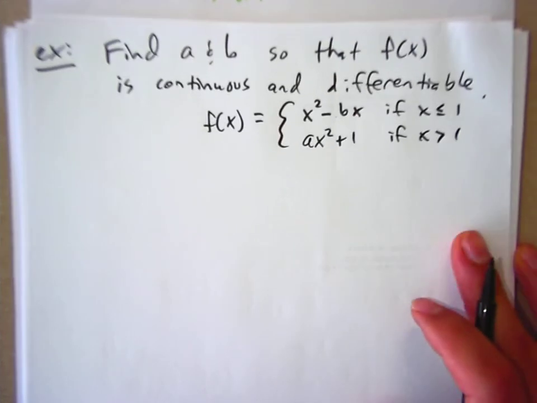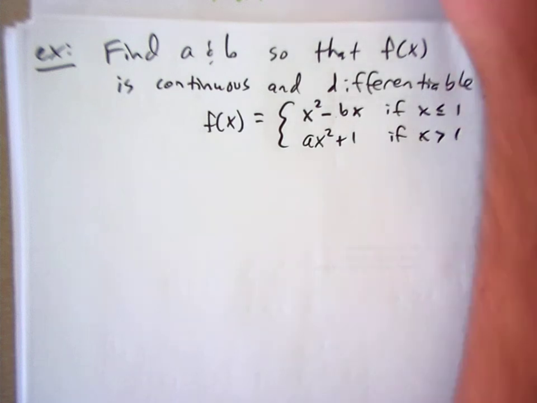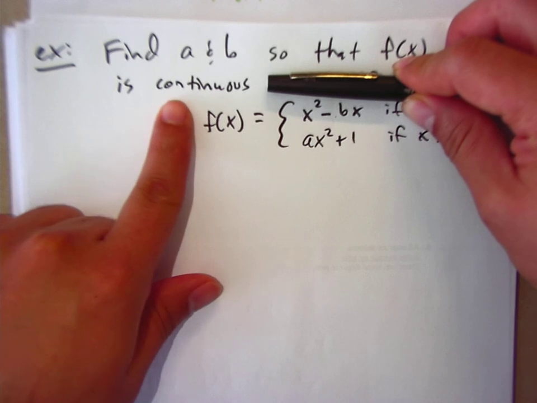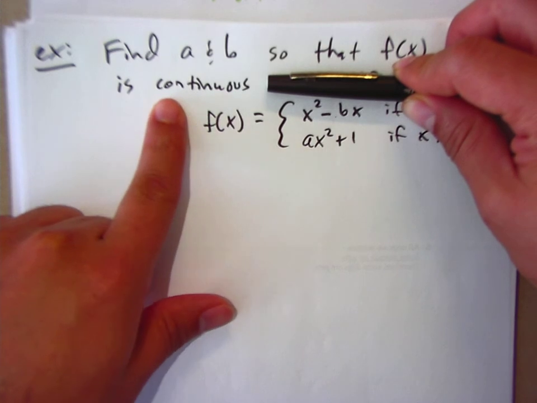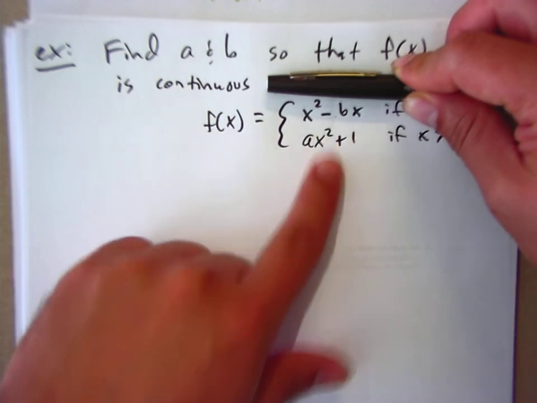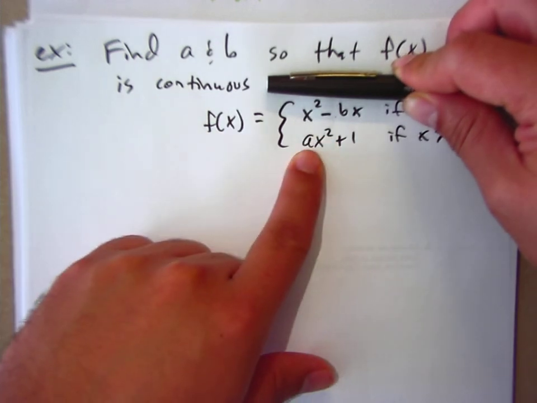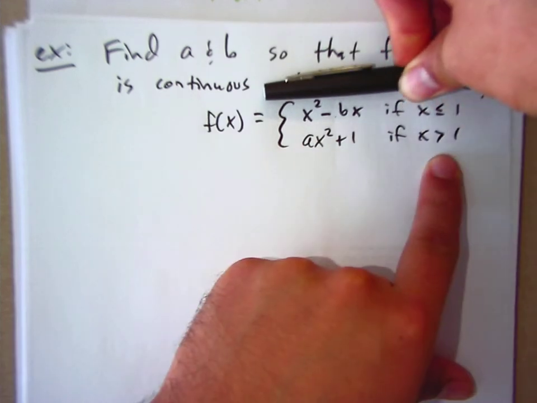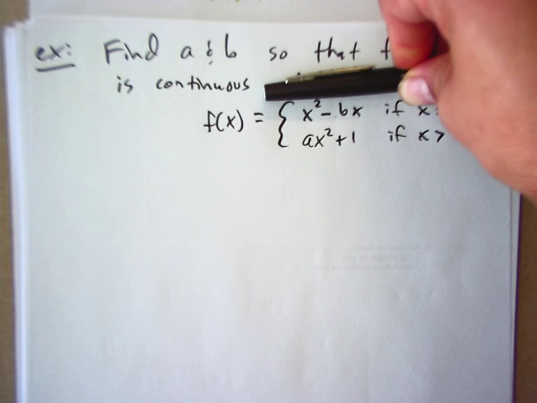Okay, so if you did not see this differentiable piece, this is just like the problems from the previous quiz, actually. If we want to make sure that these are continuous, then these two have to have the same value or be equal to each other at this location at x equals 1. So that's the first thing we're going to do.